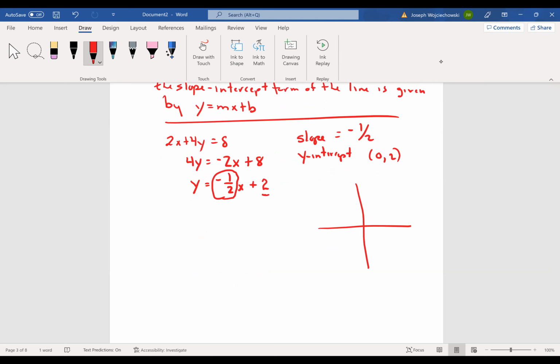Y-intercept is (0, 2). So there's that point. Now, this is saying for every unit down I go to the right 2 units, right? Negative slope. Right there. Another one there. Or for every unit I go up, I go left 2 units. Go to 3, I go here and there. So we're able to use the slope and the y-intercept to come up with multiple points and draw our line.